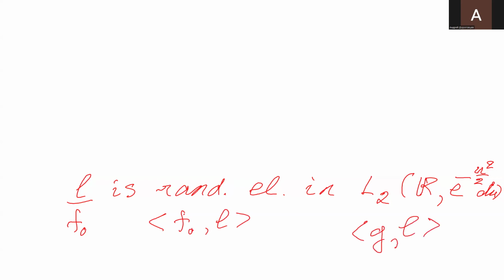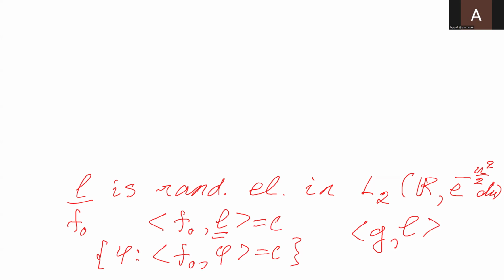But to do this, it is natural to ask what is the distribution of L on this hyperplane. So we have this one, and this is a set of phi's. This is a hyperplane, and we want to know what is the conditional distribution of this vector L in this space.